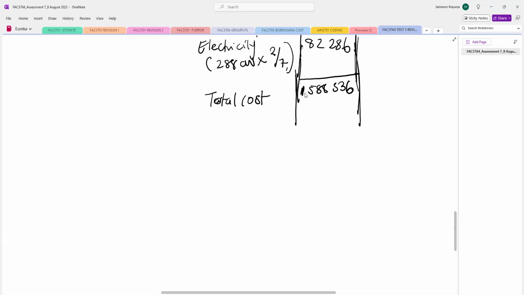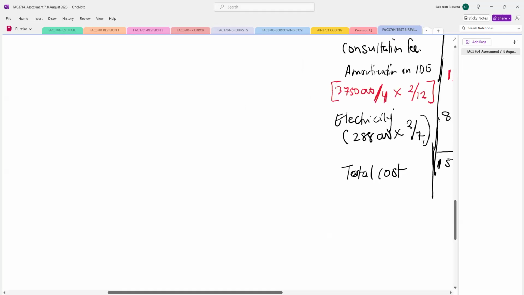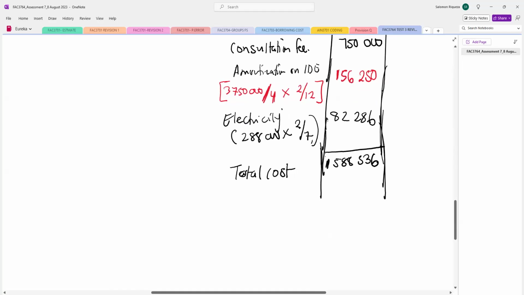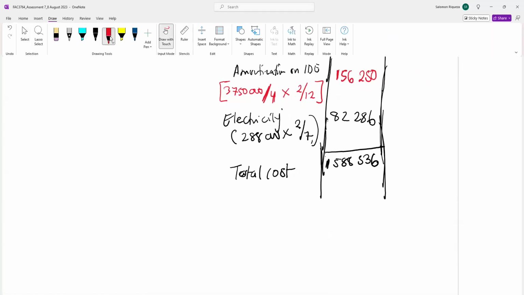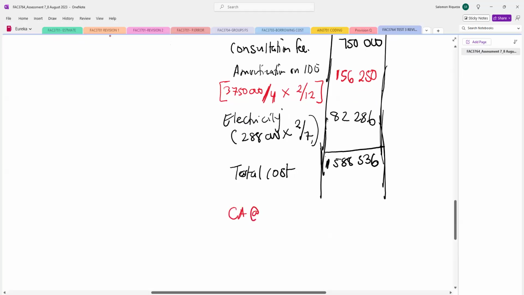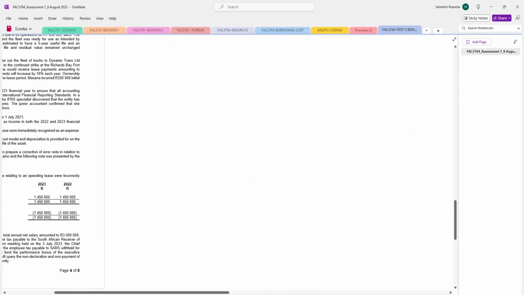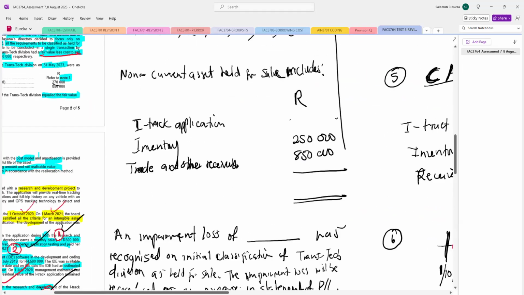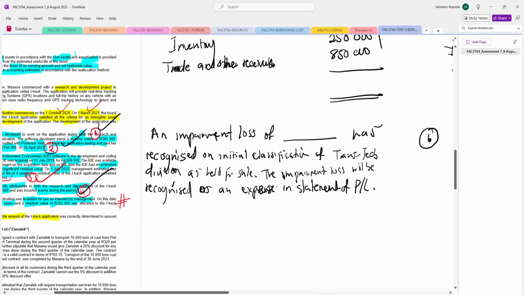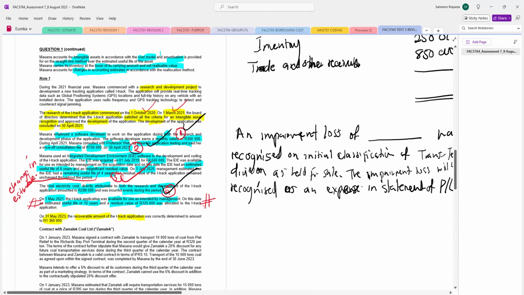Right, so we continue from there. Now that I have my total cost, I now need to calculate my carrying amount, and the carrying amount I want is at a specific date, so I need to put my date. I need my carrying amount at 31st May 2023. Sorry, guys, I think my sinus is reacting now.